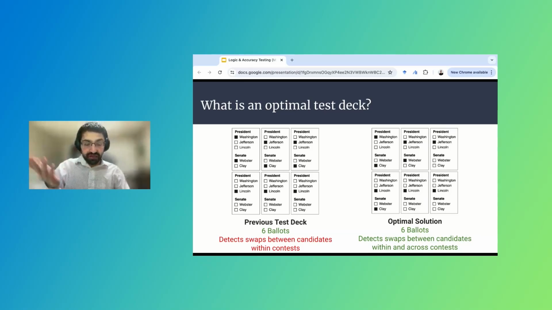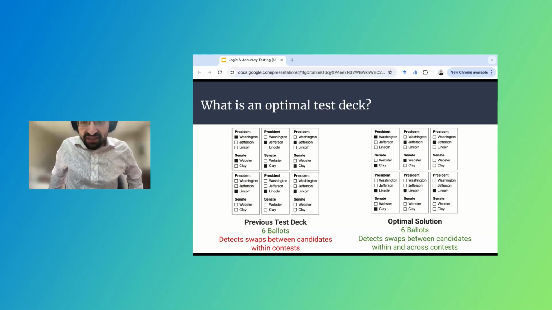And it's also, at least in this case, we observe you get this rigorous deterministic guarantee without any additional ballots.